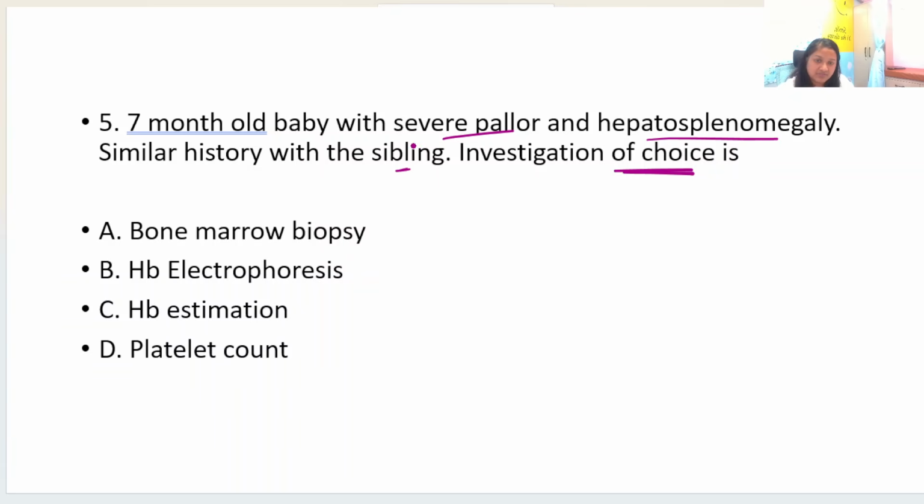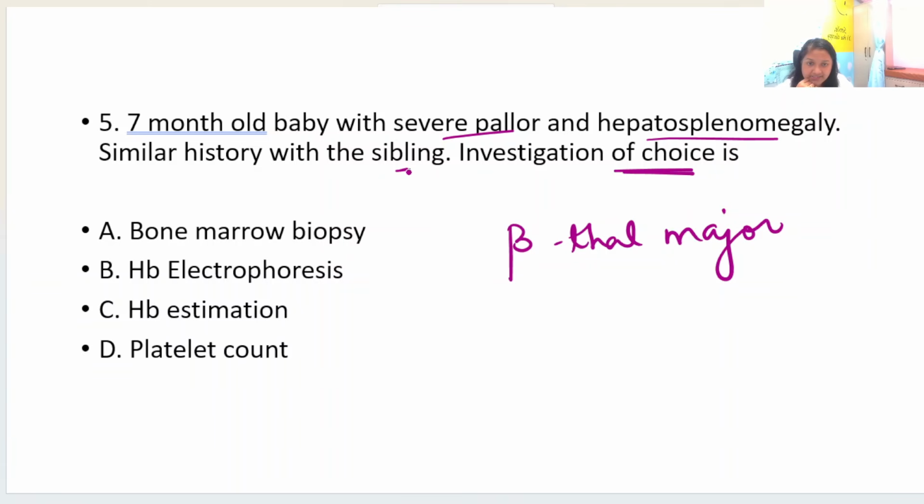7-month-old, after the first 6 months what happens? Fetal hemoglobin starts reducing, right? And severe pallor, hepatosplenomegaly, which occurs in the second half of infancy, right, likely points towards beta thal major, right? This is very typical history that after 6 months of life, in the second 6 months in infancy, they can present with progressive pallor and hepatosplenomegaly.